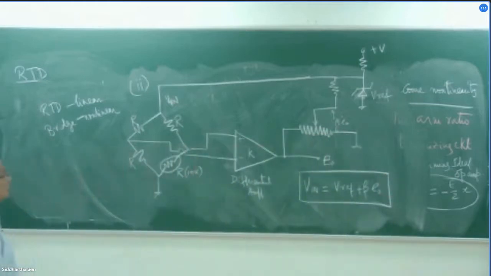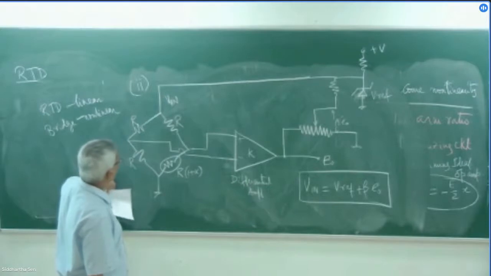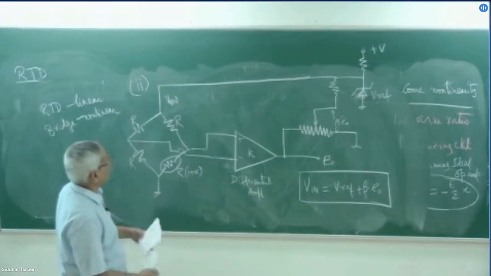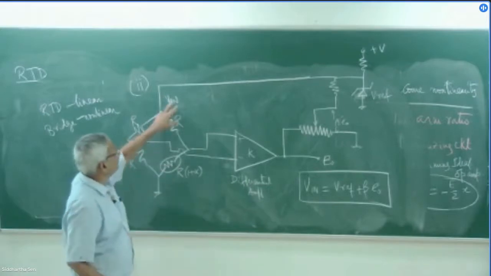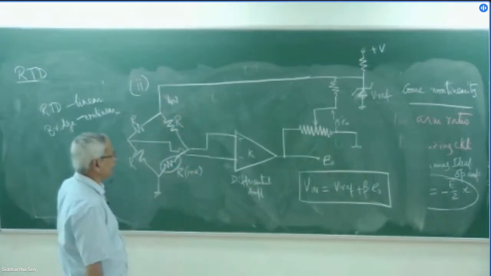Please draw it. What is there is this RTD bridge, but there is a feedback arrangement such that V input is decided by the output voltage E0.